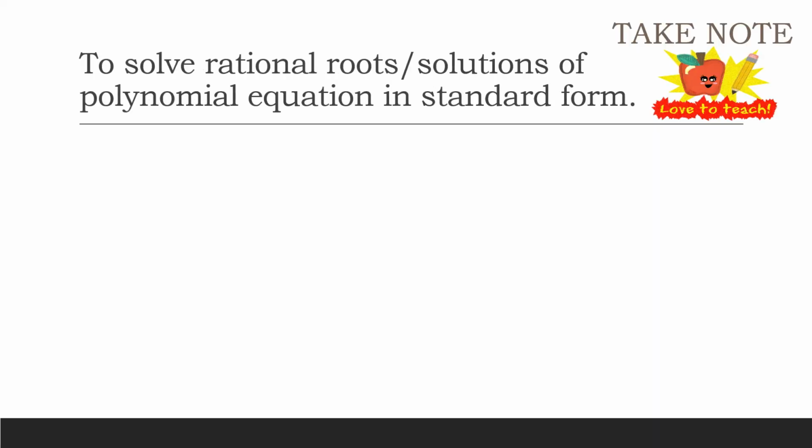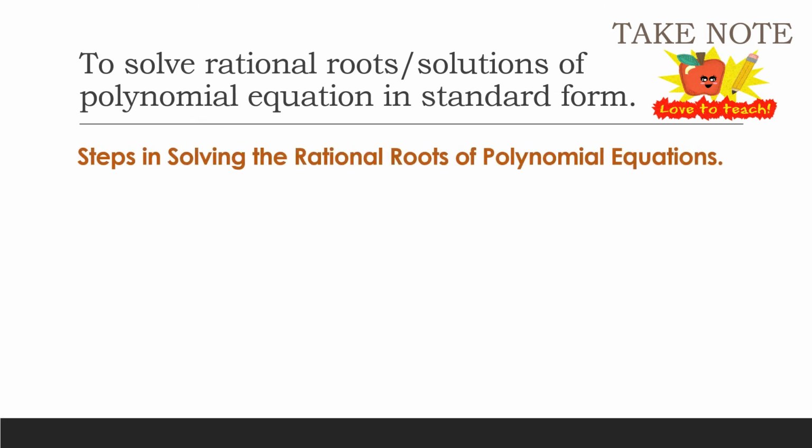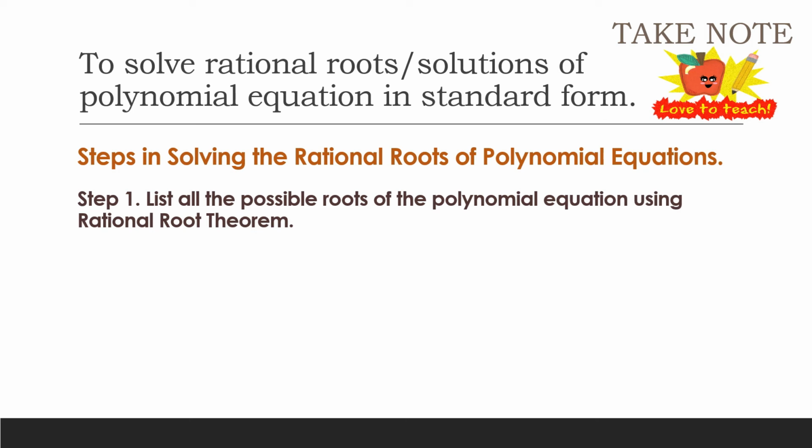Let's have the summary of our lesson for today. To solve for rational roots or solutions of a polynomial equation in standard form, we have to remember the following steps. Step number 1. List all the possible roots of the polynomial equation using the Rational Root Theorem. Step number 2.